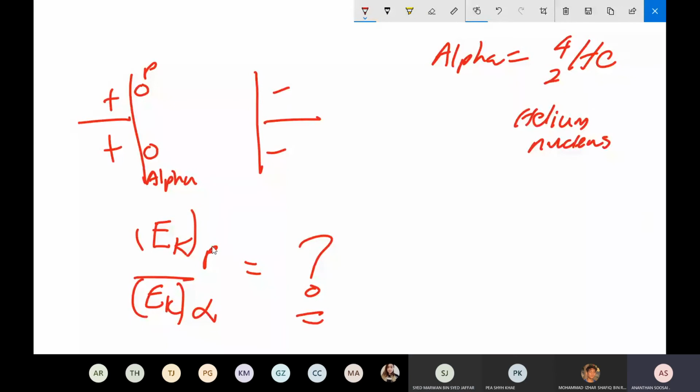The proton and alpha particle reach the negative plate. What is the ratio? Can all of you WhatsApp me the answer? Come on, hopefully all of you give the correct answer. Oh, I received an answer. One of you said it's half.